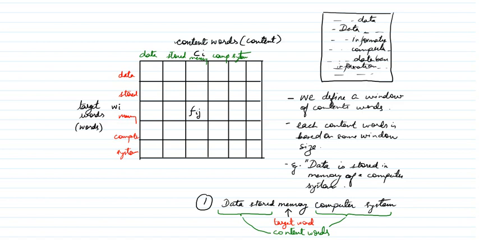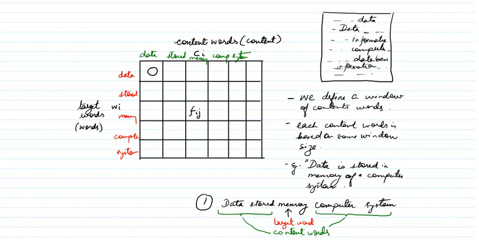In some other place, memory may also appear in the corpus, with some other words in place of these. Now data, when treated as a target word, appears with data as context. The word data does not come anywhere near itself in the corpus, so this will be treated as 0.